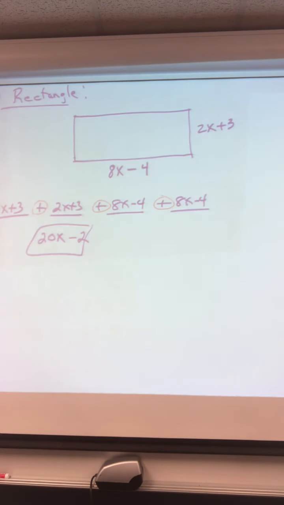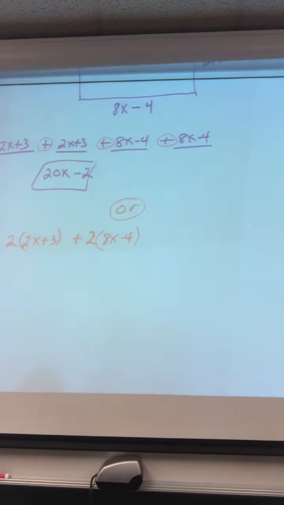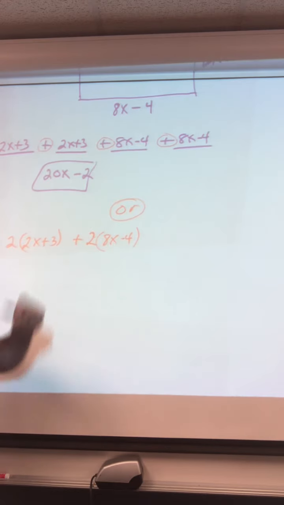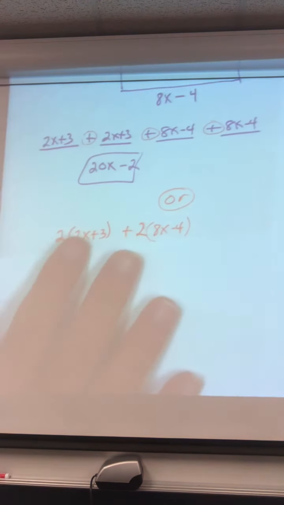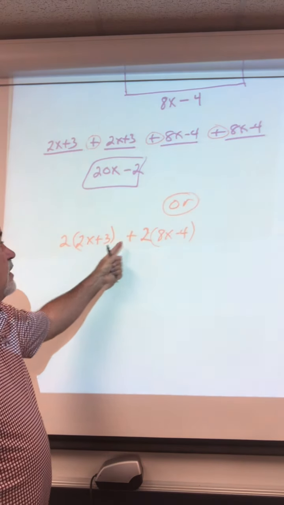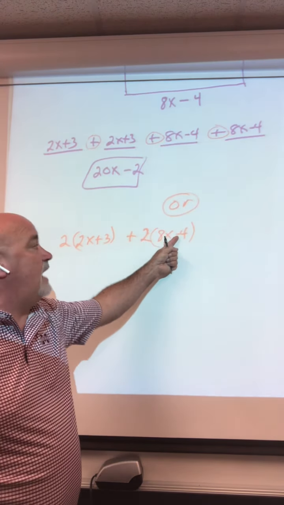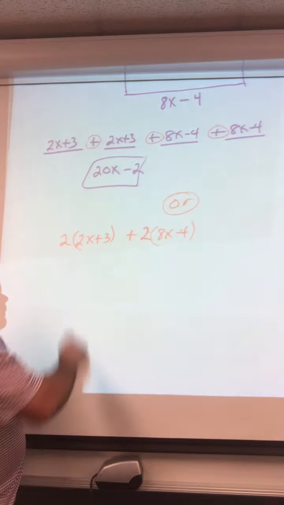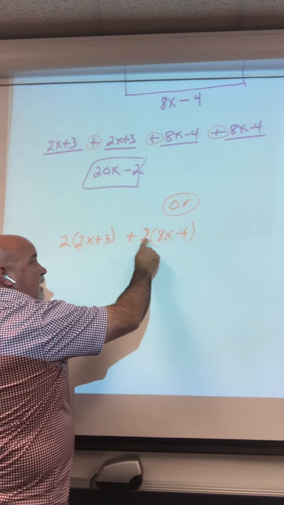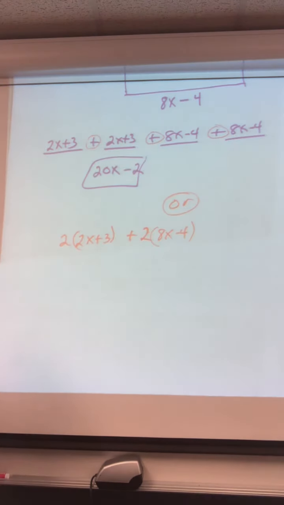So what you could do is just do 2 of the 2x plus 3's, plus 2 of the 8x minus 4's. This one times 2, and this one times 2, and then add those two together. It's just another way of setting it up.